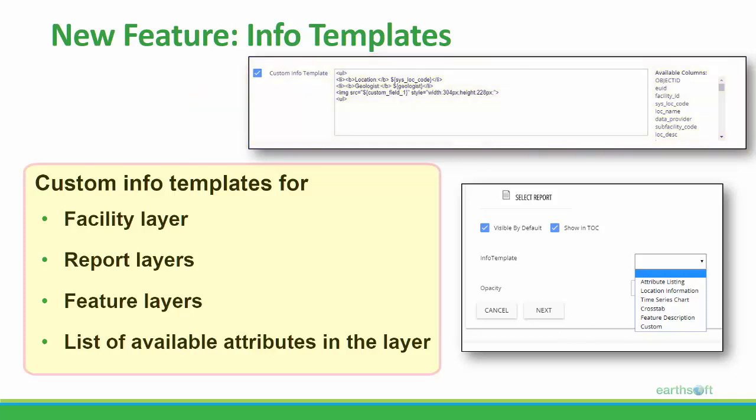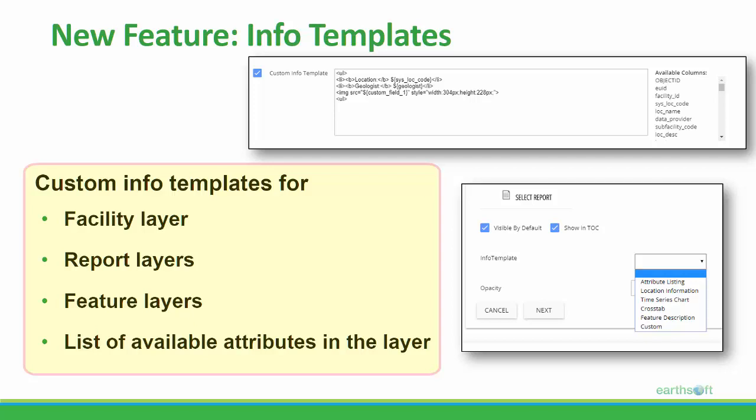Earlier, if you clicked on a location in a map widget, it used to give you a list of information, maybe 20, 25 items of all the information contained for that location. Now you can customize it to see just the information that you are interested in. In the image above, I have set it up for my facility layer.